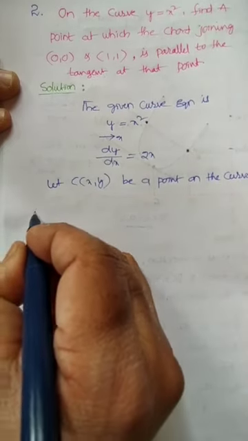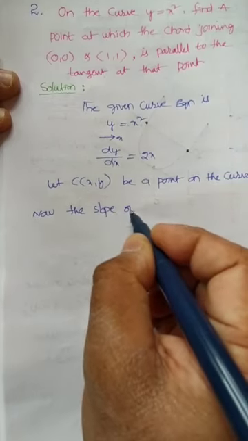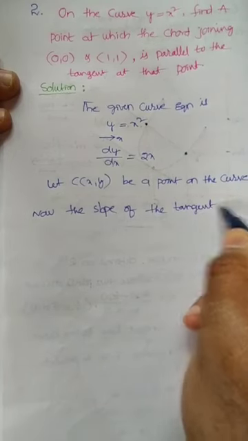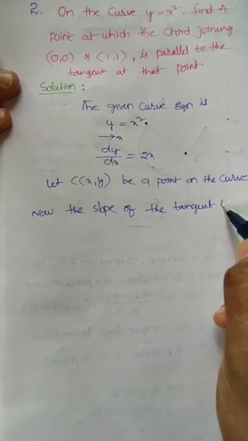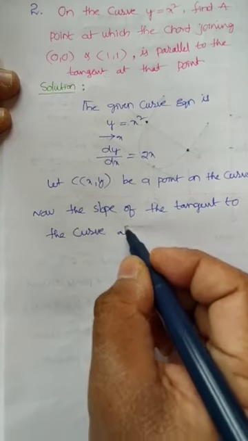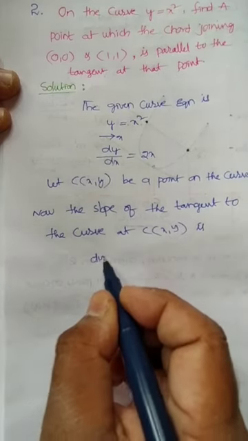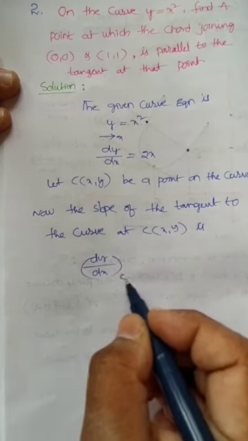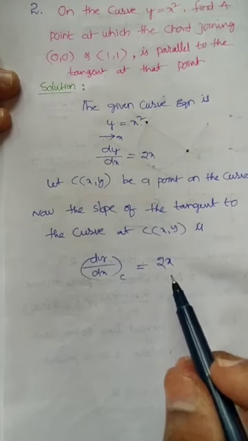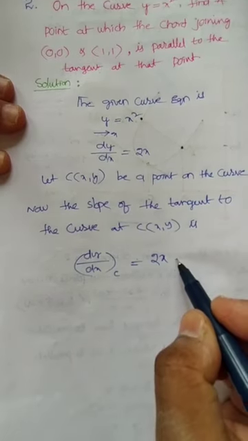Now the slope of the tangent to the curve at C of x comma y is dy by dx at C, which I got as 2x. Now the slope of the tangent line is 2x. I am supposing it is m1.